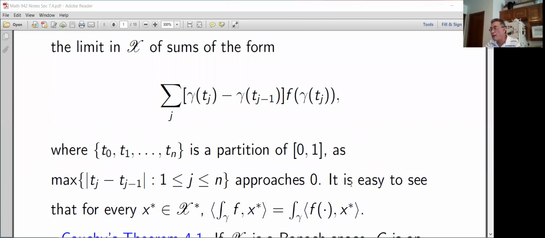So then it is easy to see that for every functional x star in X star, if we apply x star to the integral, this is equal to taking the inner product first, then taking the integral.